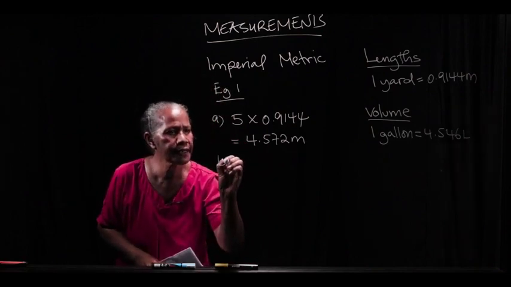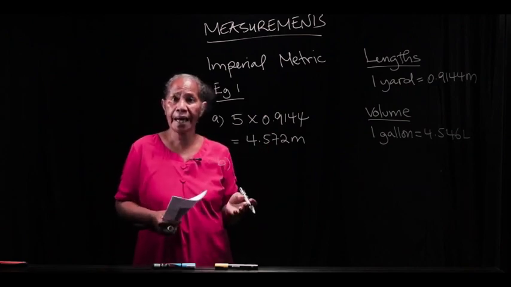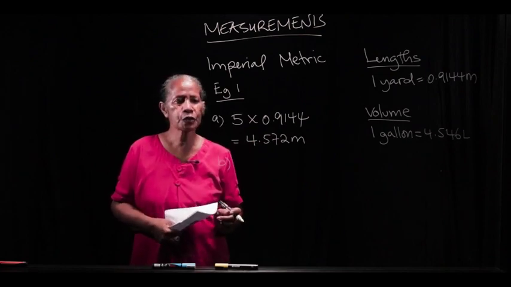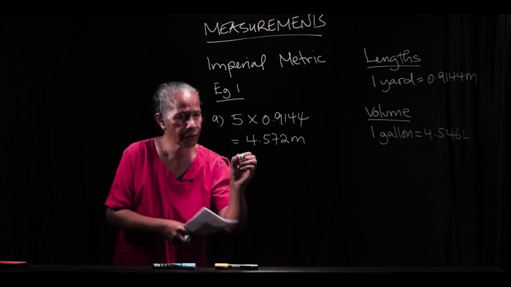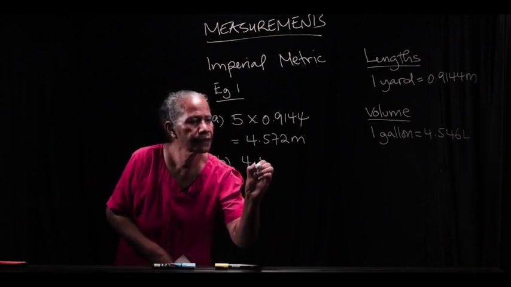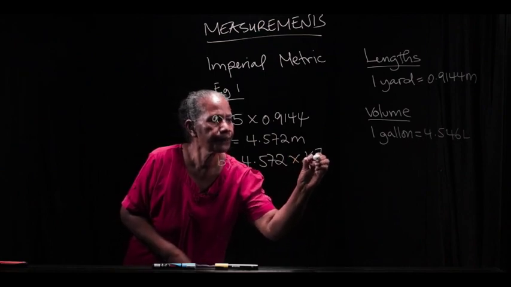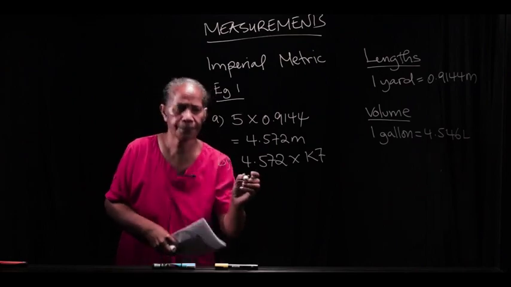From the question I read earlier, it's 7 kina per meter. So now we see there's 4.572 meters that I will purchase. So it's 4.572 meters times 7 kina, and that will give me 32 kina.